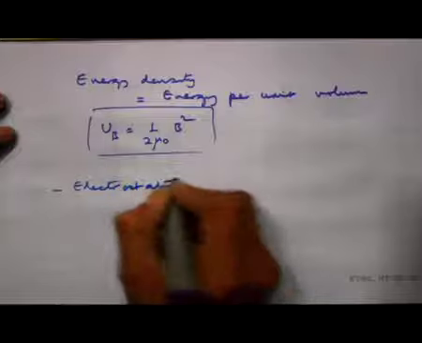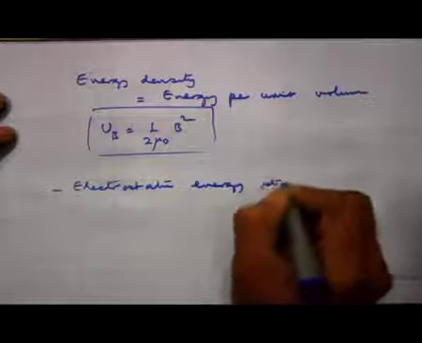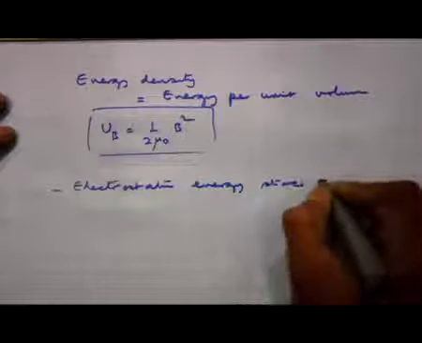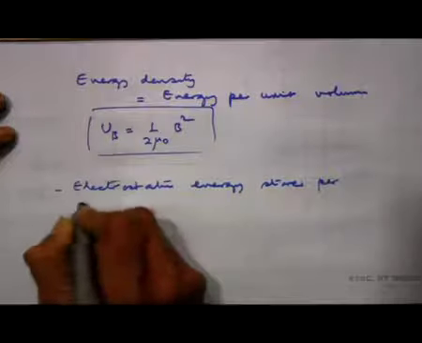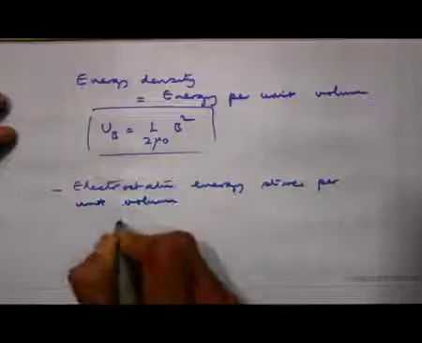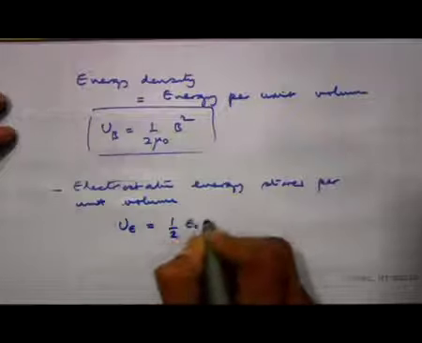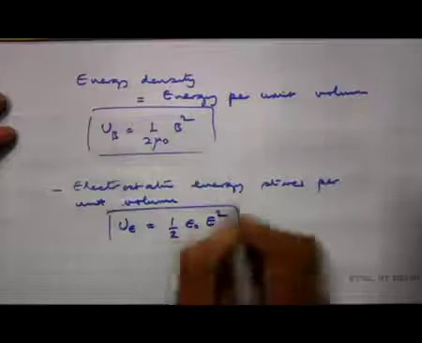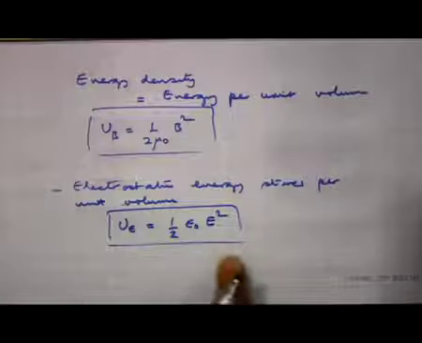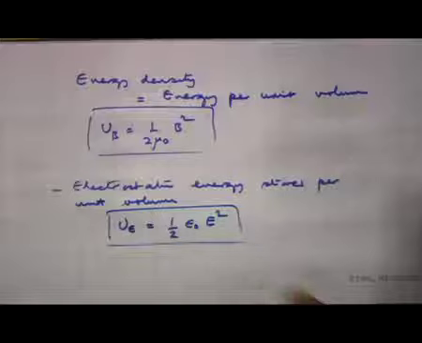Electrostatic energy stored per unit volume, U E, was 1 by 2 epsilon 0 E square. That is the energy density of electrostatic fields, that is the energy density of the magnetic field, and there is a similar relationship, epsilon 0 gets replaced by 1 by mu 0 here.